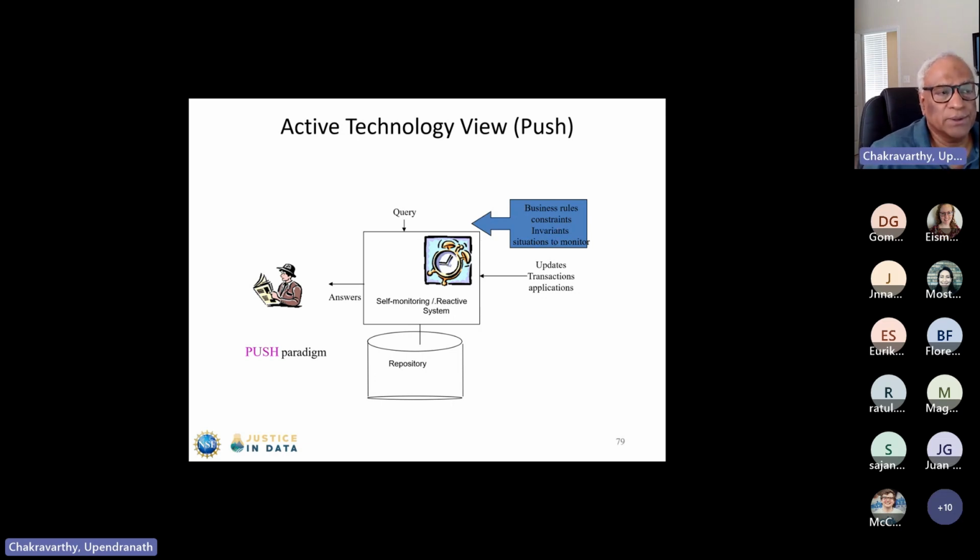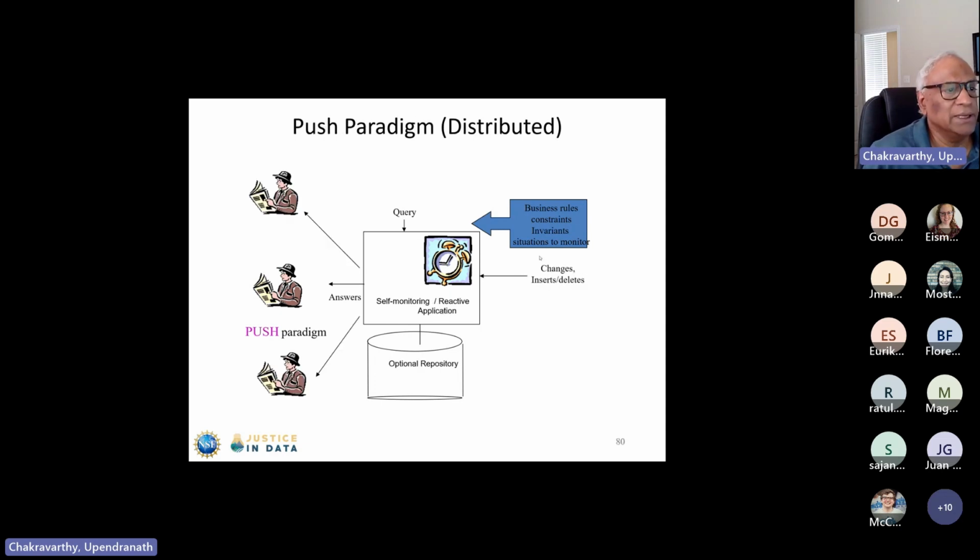And the system has to understand it and keep track of it. Whenever a change happens, it has to push that information. So this was very important. Even today, doing it in the most general way for large systems is not easy. You can do it in specific applications very easily.